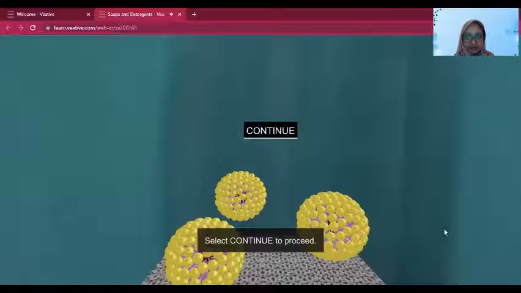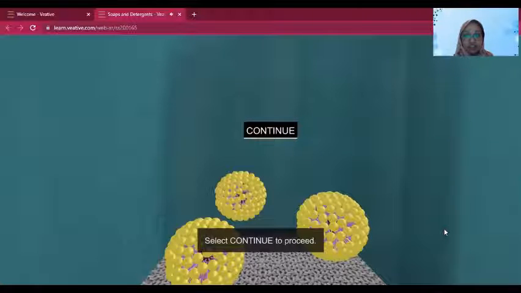So let me repeat here. The hydrocarbon tails are hydrophobic. They don't like to be in water, so they will find their way to the dirt or the grease that is available on the surface of the cloth. And the hydrophilic head, which is the polar head, loves water, so they will be outside and they will soon clump together and become like this.